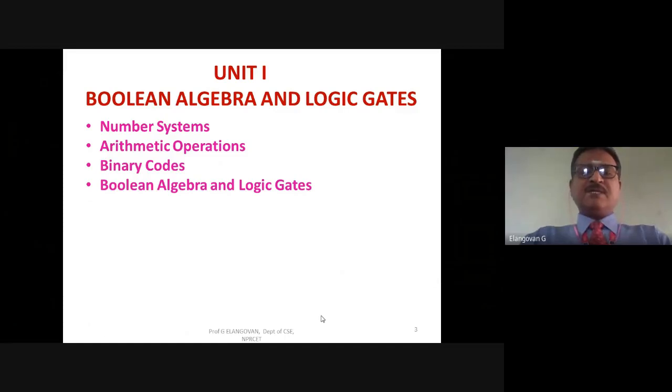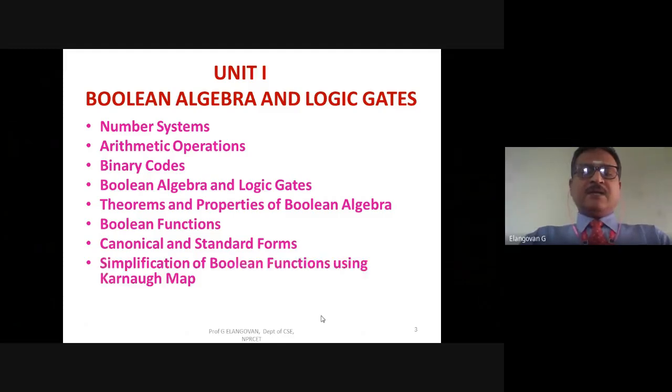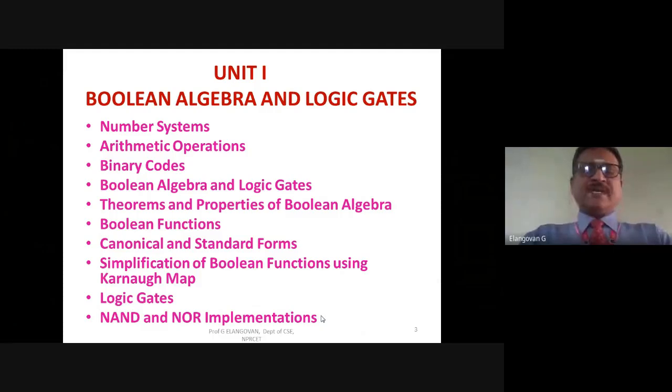We will understand the basic concept, and the use of Boolean algebra for implementation, the basic purpose of logic gates, the theorems available, and how we establish a Boolean function. From that, the standard canonical forms, the simplification of the existing Boolean function using Karnaugh maps, and finally how to implement it in logic gates, or implement the same thing using NAND and NOR gates alone.